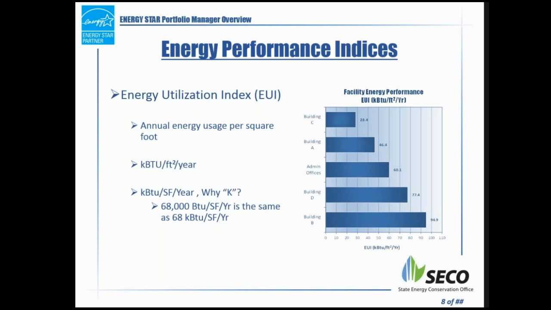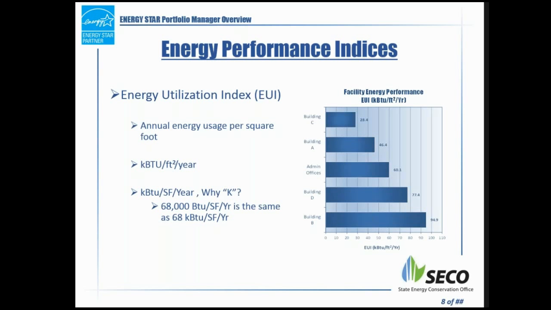To explain that, it's best to put it on the screen. If you have a facility that has an EUI of 68,000 BTUs per square foot per year, it is the same if I write it as 68 kBTUs per square foot per year.